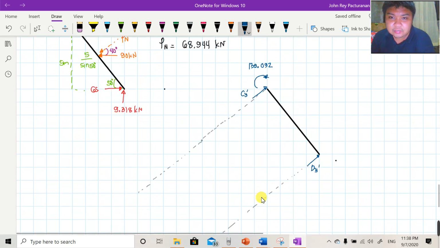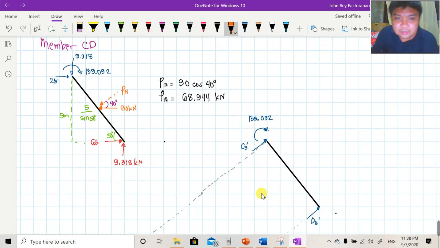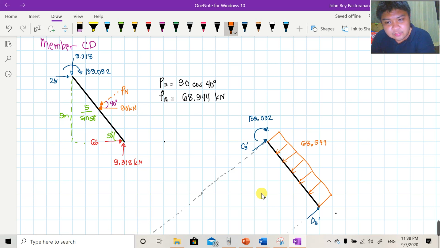So, therefore, balikan natin dito. Kailangan ko siyang gawin as uniform load din, bilang conforming dito sa ating sketch class. Rectangle siya. And paano nga natin kukumpitin yung magnitude nito? Gawin mo lang 68.944 divided by 5.